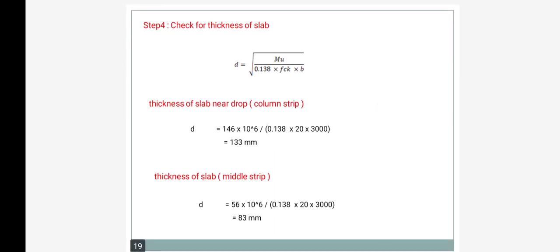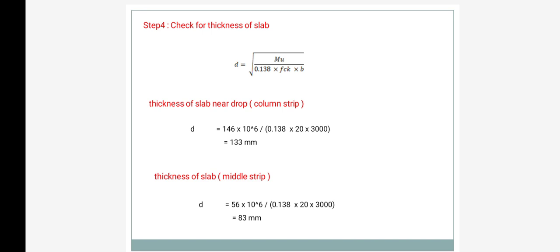Then step 4, check for thickness of slab. Thickness of slab D is equal to root of Mu divided by 0.138 into fck into B. Substituting all the values, find out the required effective depth. Effective depth is equal to 133 mm.